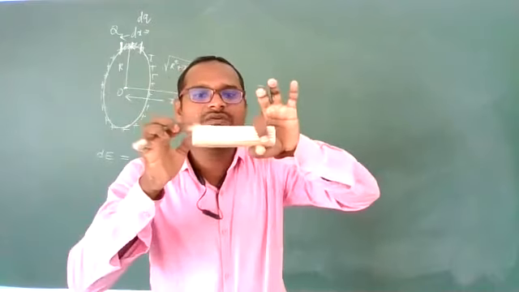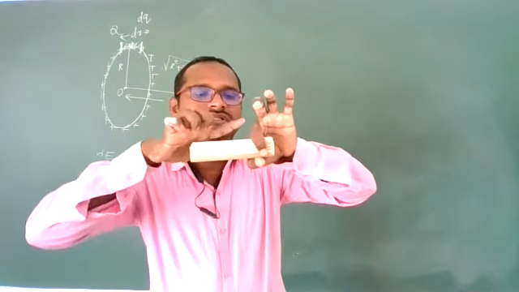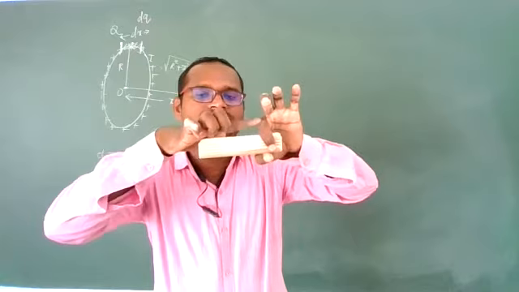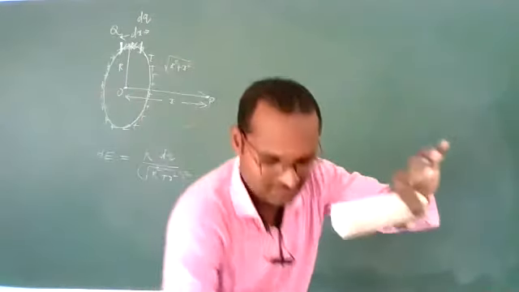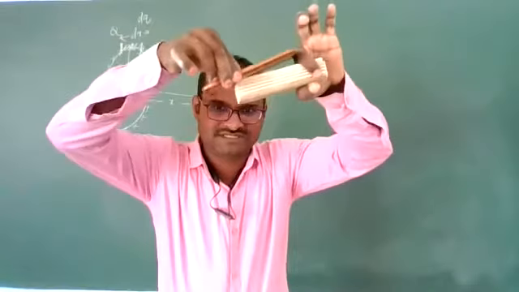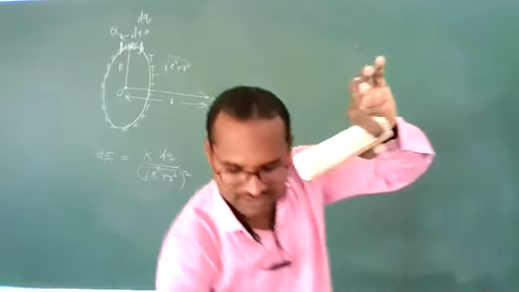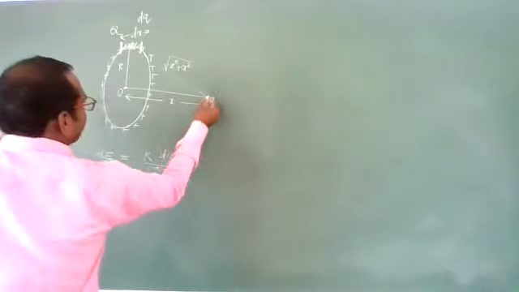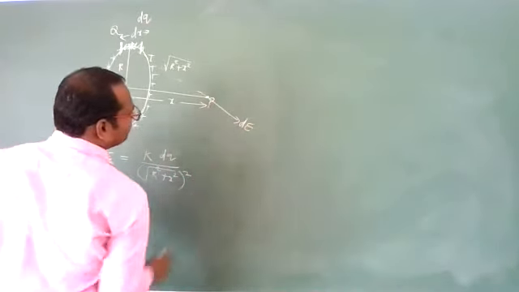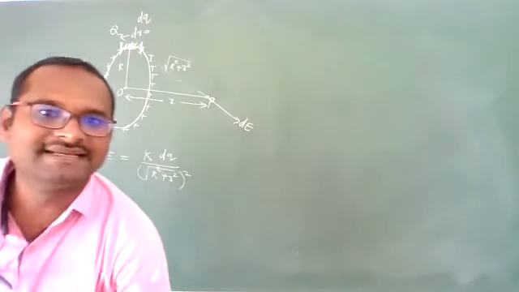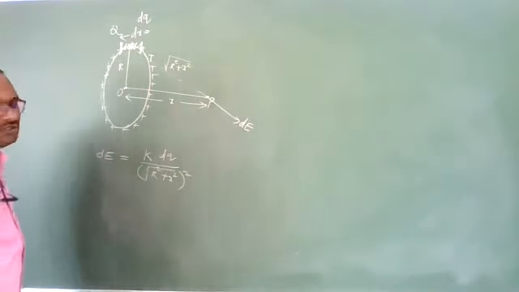Here I want the electric field. This charge will produce an electric field in this direction, so in the same way I am drawing the electric field like this, that is dE. Clear? Electric field with direction I have taken now.